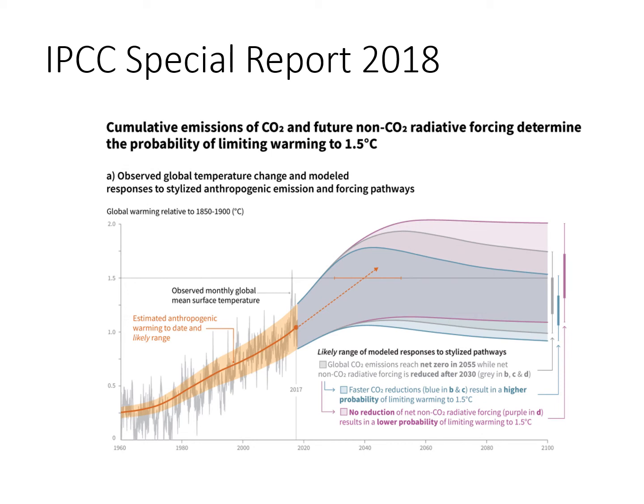Faster reductions increase the probability of successfully keeping temperatures below 1.5 degrees C. Both the gray and green panels include reductions in both carbon dioxide and other greenhouse gases. The purple panel shows only reductions in CO2 and results in higher or lower probabilities of keeping temperatures below 1.5 degrees C.